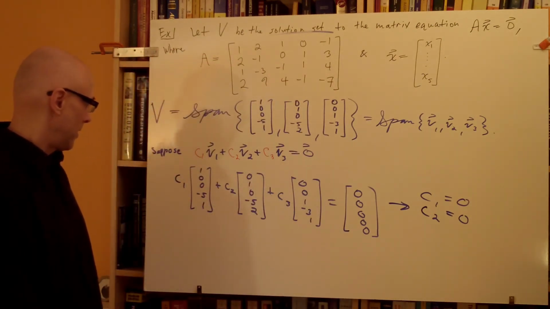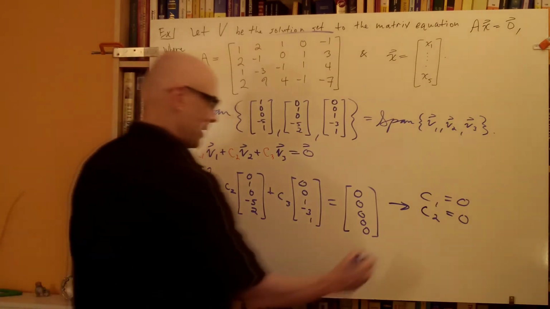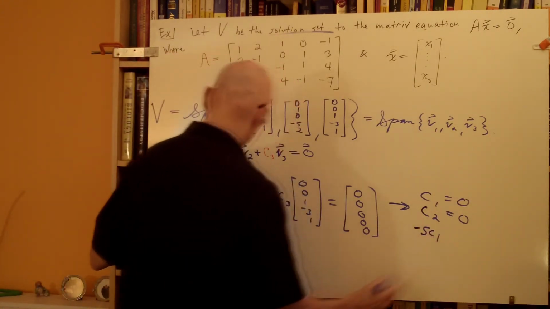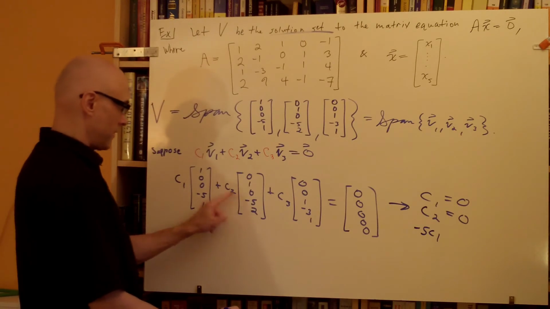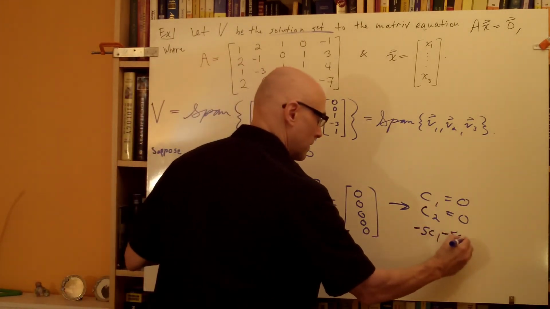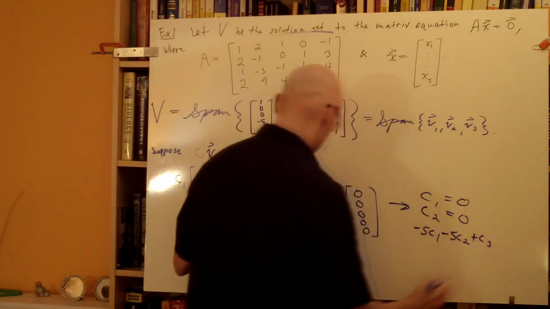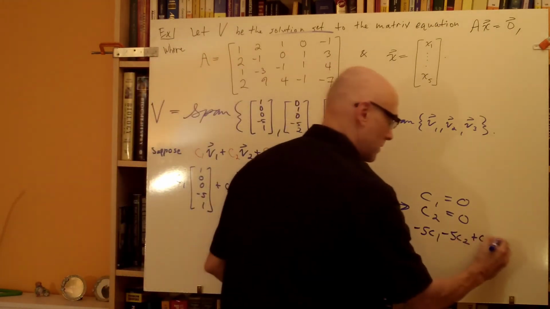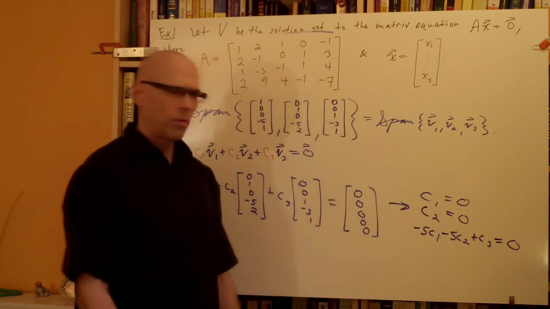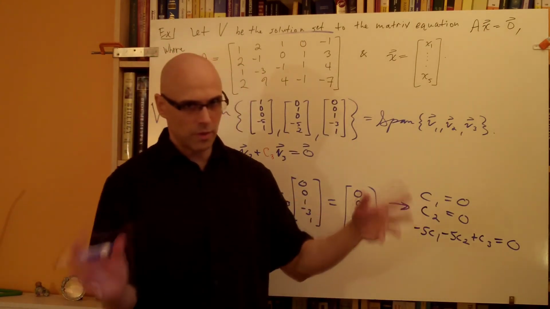Okay. Negative C5 times C1 plus negative C5 times C2 plus C3 is equal to 0. Well wait a minute. C1 and C2 are both 0 already.